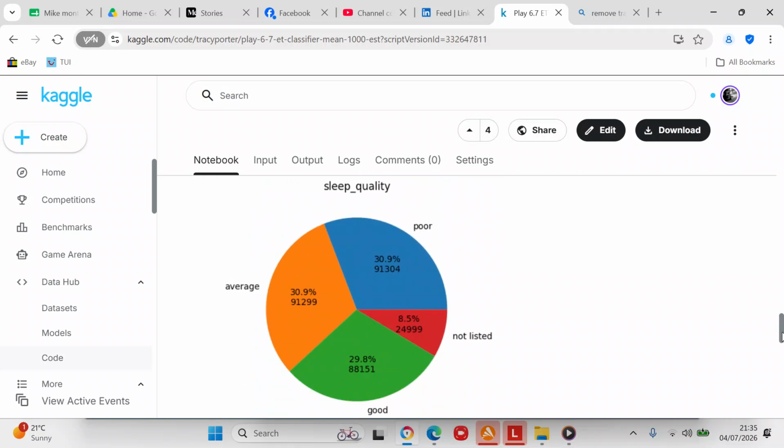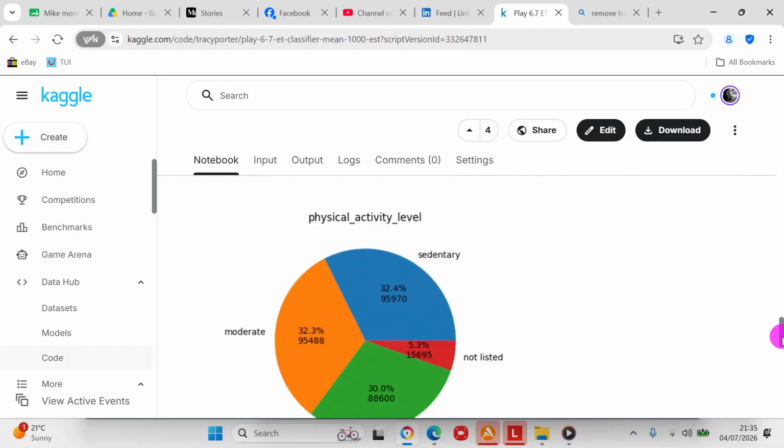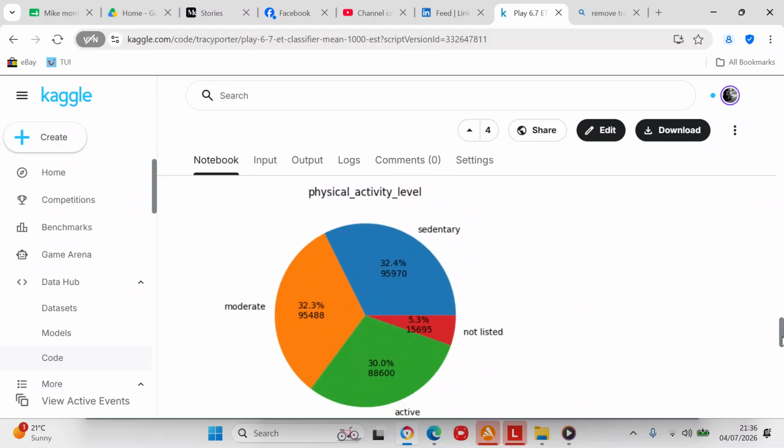Sleep quality, 8.5% of the people were not listed, but average and poor quality were very close to being the same. Physical activity, so 5.3% of the people was not listed. Sedentary was the most common, with moderate running a close second.